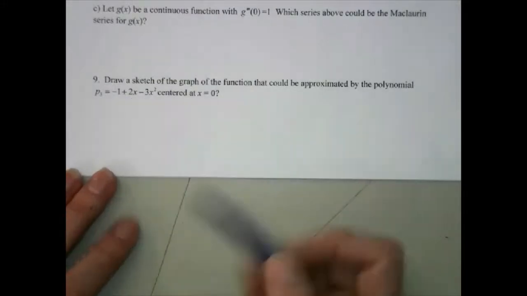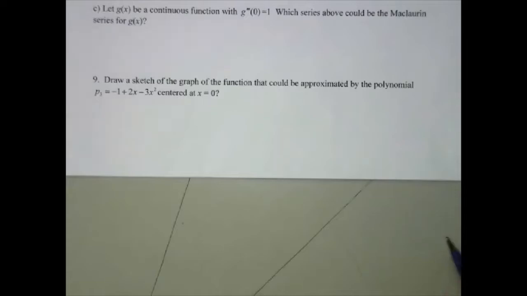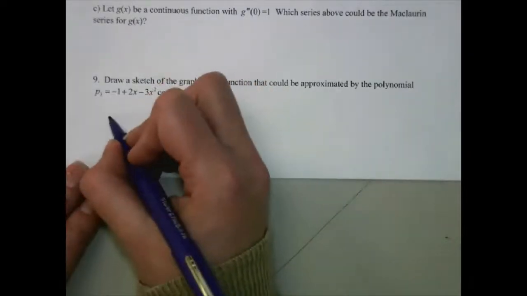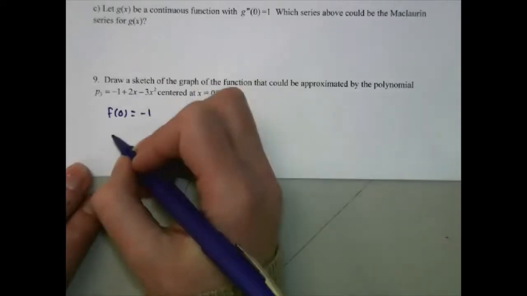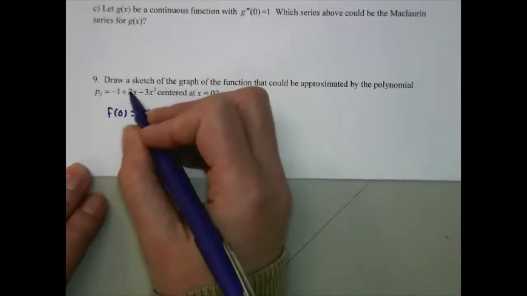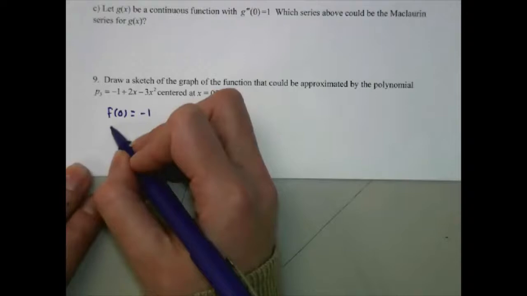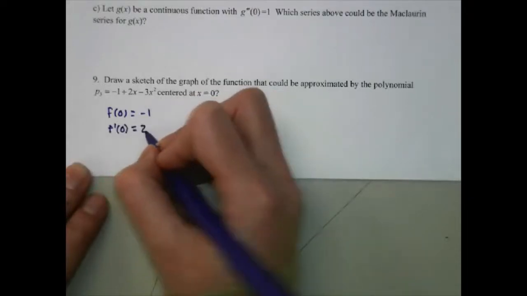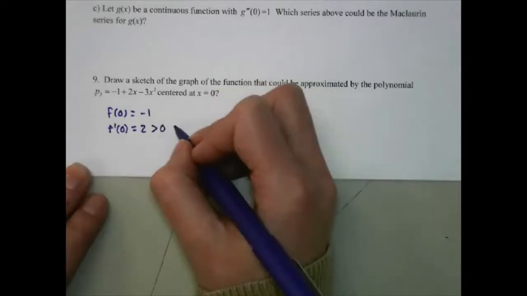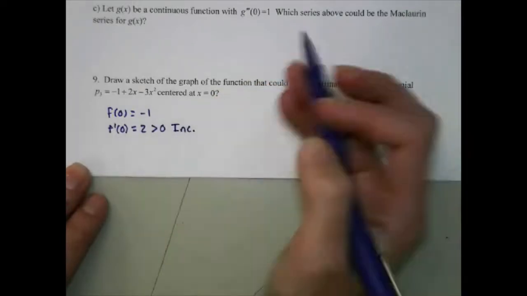-1 plus 2x minus 3x squared. So what information is here? Well, this tells me that f of 0 is -1. Since the first derivative is positive, our graph is going to be increasing.